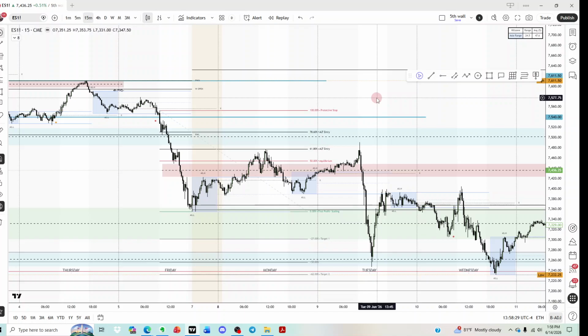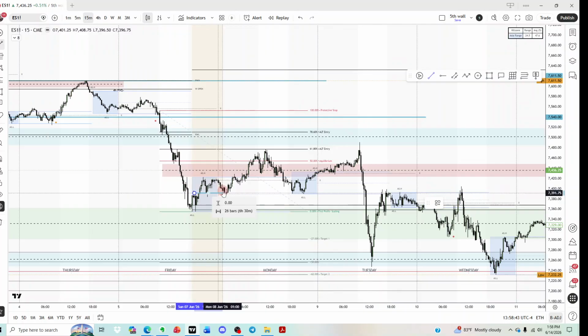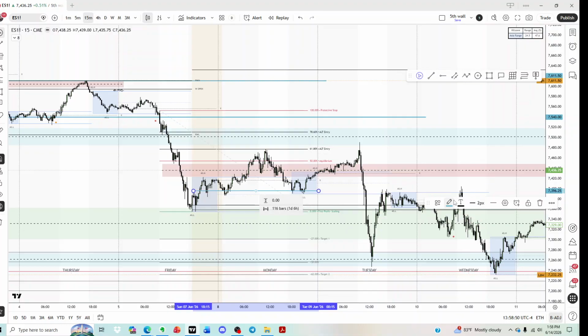All right, so this was indeed a legitimate short here, right? So we had a run on stops, had relative equal highs. This is the market structure shift for this setup right here. Just put that as 2, make it black.